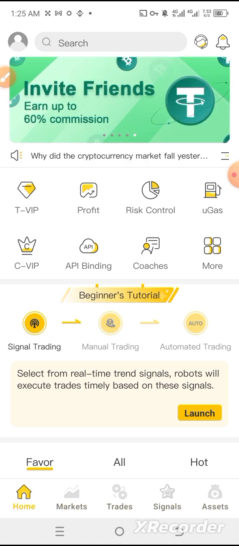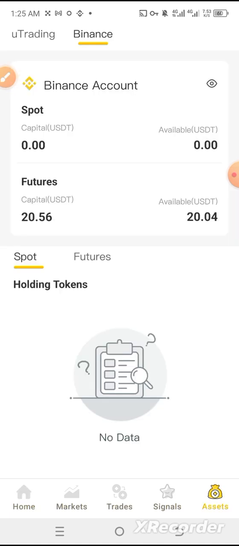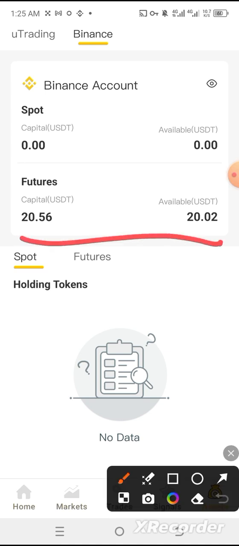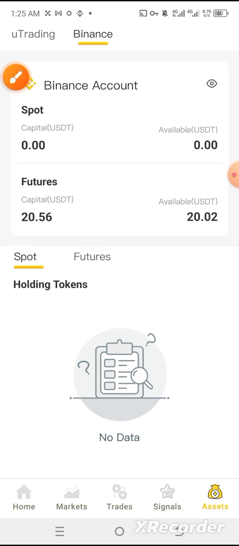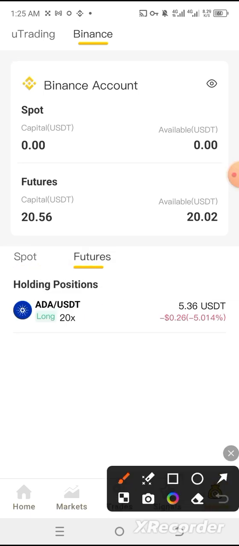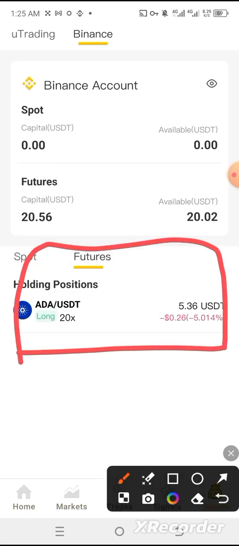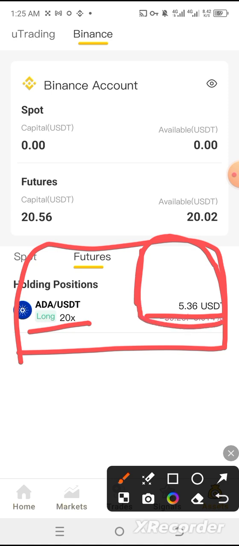The first thing you need to know is what your trading capital is. For example, what I have on my Binance is, let's say, $20, and right now I have 20x trading, and it is trading $5.